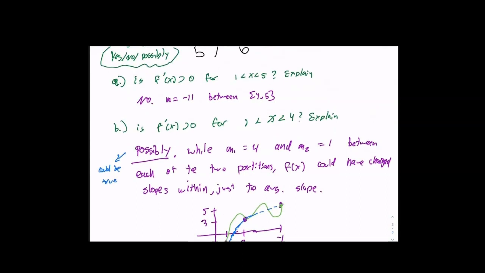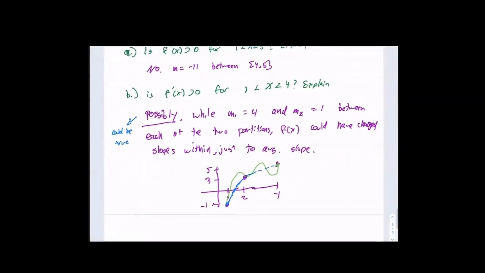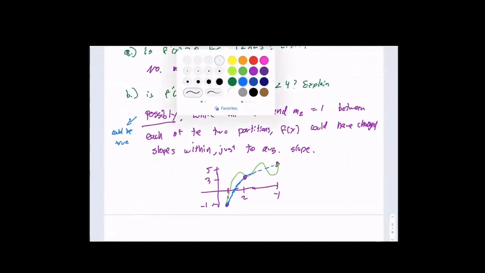It's like statistics, for those of you who've taken statistics with me. Just because you have a bunch of yeses doesn't mean something is true. But if you get one opposite, then you know it's false. Okay? So, it could be true.